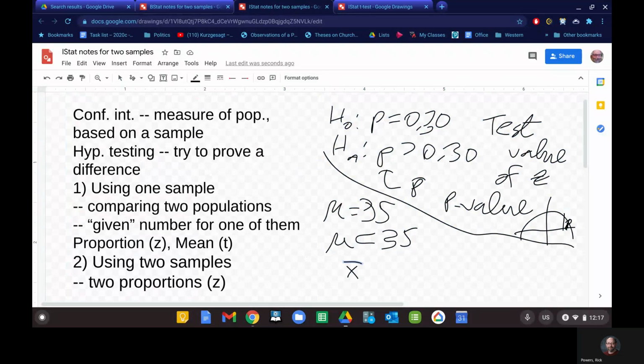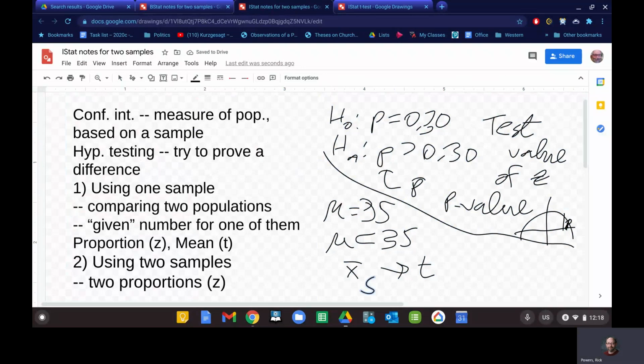Okay. So then we're going to get another test value again by using a formula, or by just putting it into SALT. We get a test value, but the test value is a t number. It's not a z number, because when we're talking about the mean, there's a certain level of uncertainty, as you may recall back when we talked about the confidence interval, and that is because we're using S, the sample standard deviation.